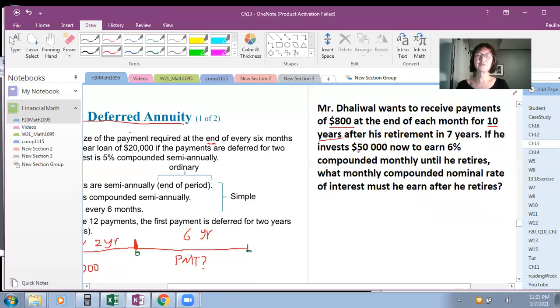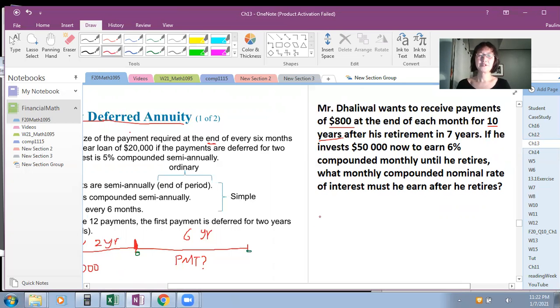If he invests 50,000 now to earn 6% compounded monthly until he retires, what monthly compounded nominal rate of interest must he earn after he retires?